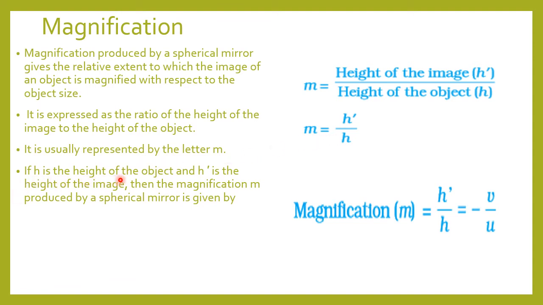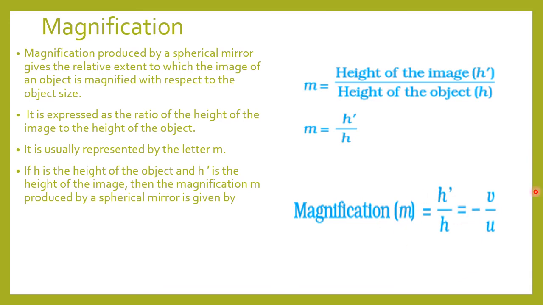If h is the height of the object and h dash is the height of the image, then the magnification m produced by a spherical mirror is given by h dash upon h, which is also written as minus V upon U. So children, you have to learn this magnification formula.